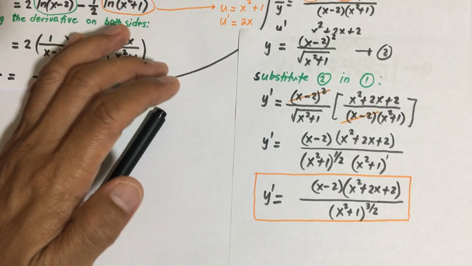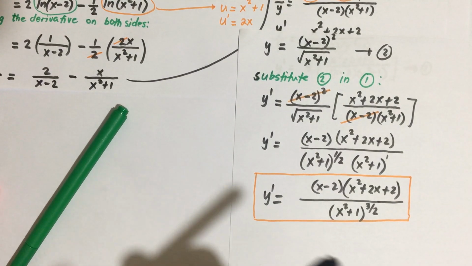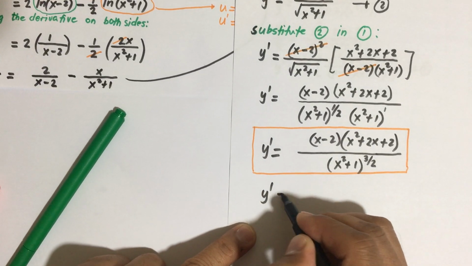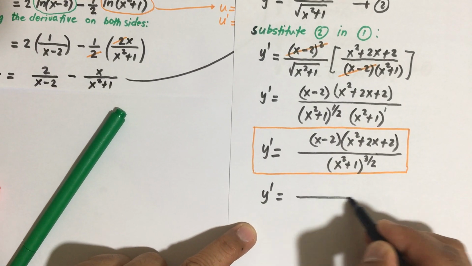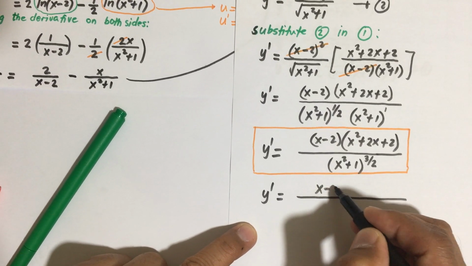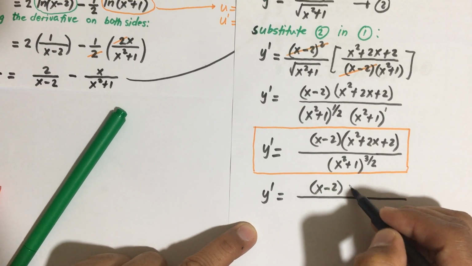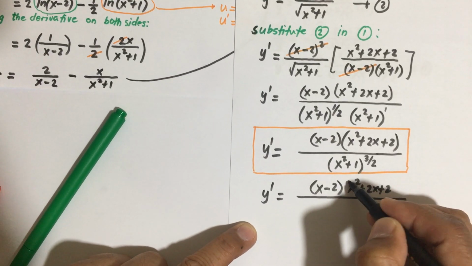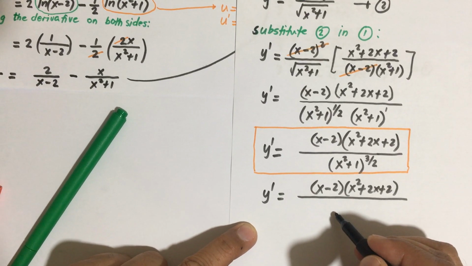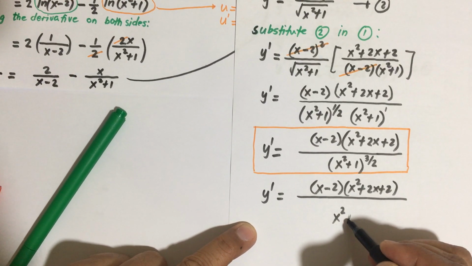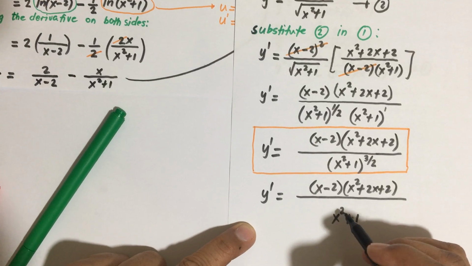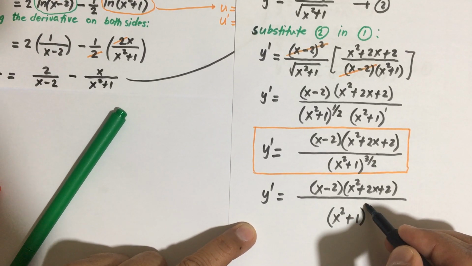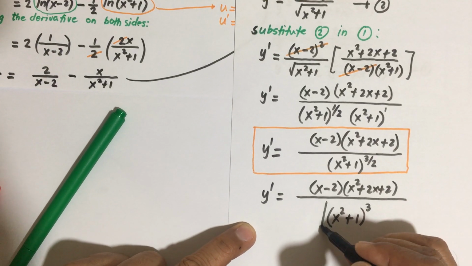Or you can also rewrite this as y prime equal to x minus 2 times x squared plus 2x plus 2, multiplied by the square root of x squared plus 1 cubed.